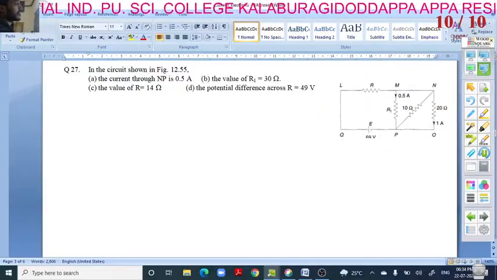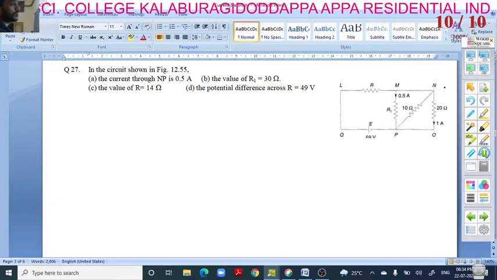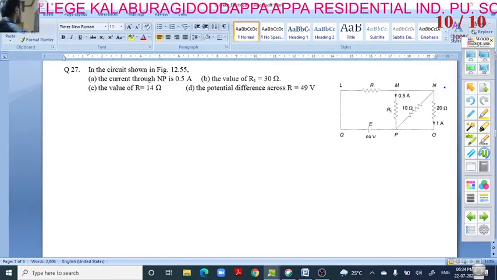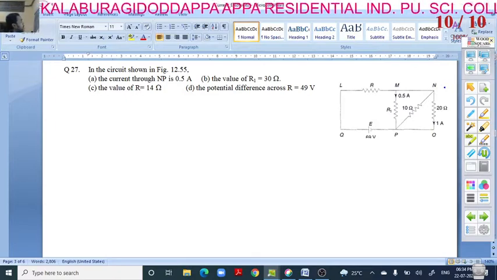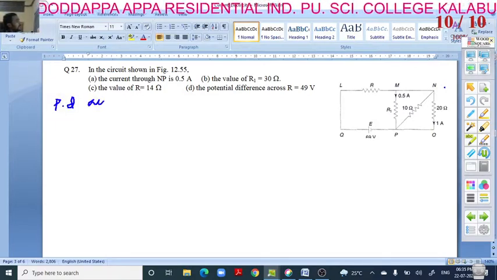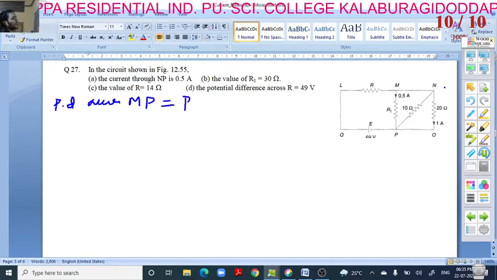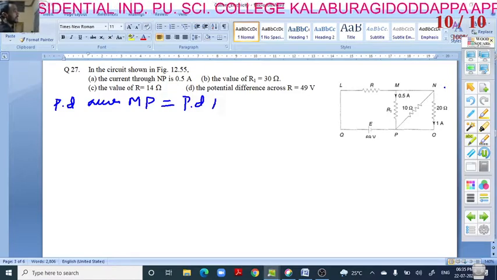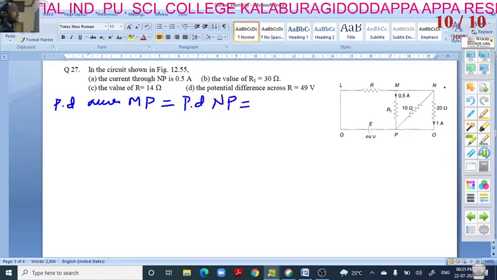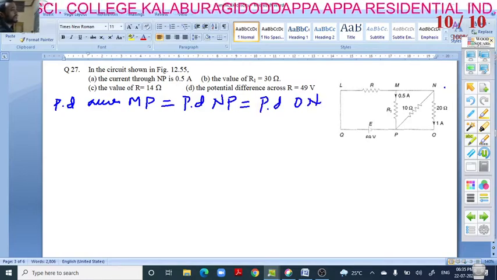Potential difference across MP is equal to NP is equal to potential difference across NO from the figure.